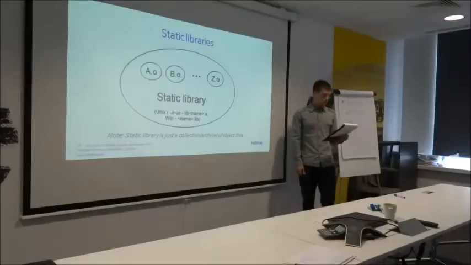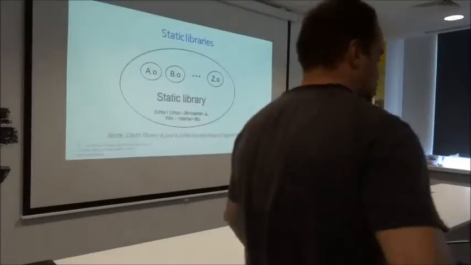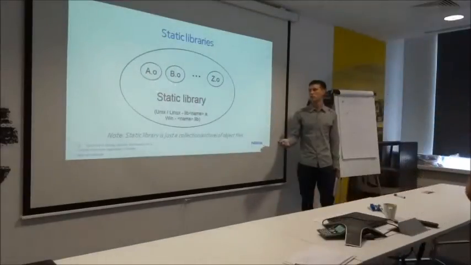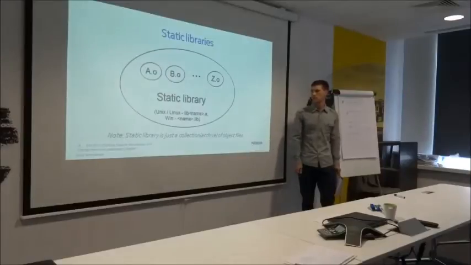In simple words, a static library is just a building block for many applications. You can use a static library in a lot of your applications, or provide it to somebody, and someone can also use it. As I said, this is just an archive, a collection of object files.